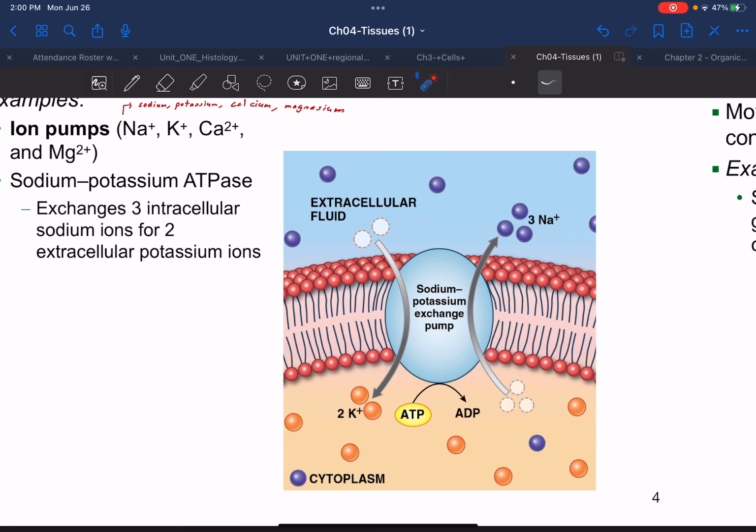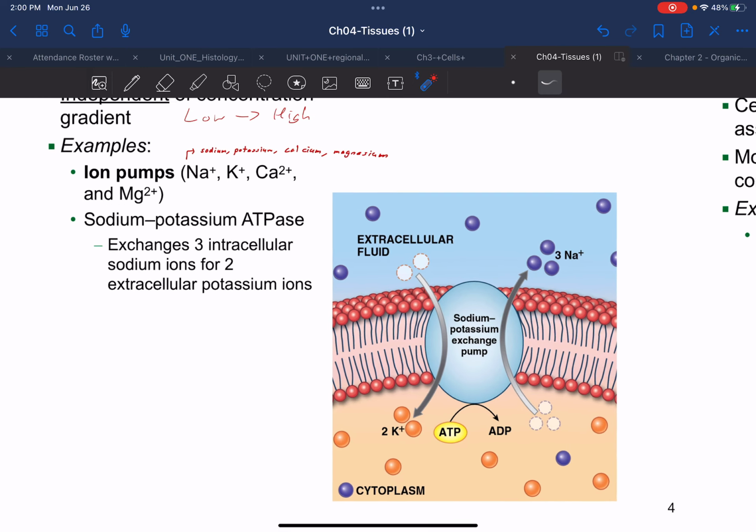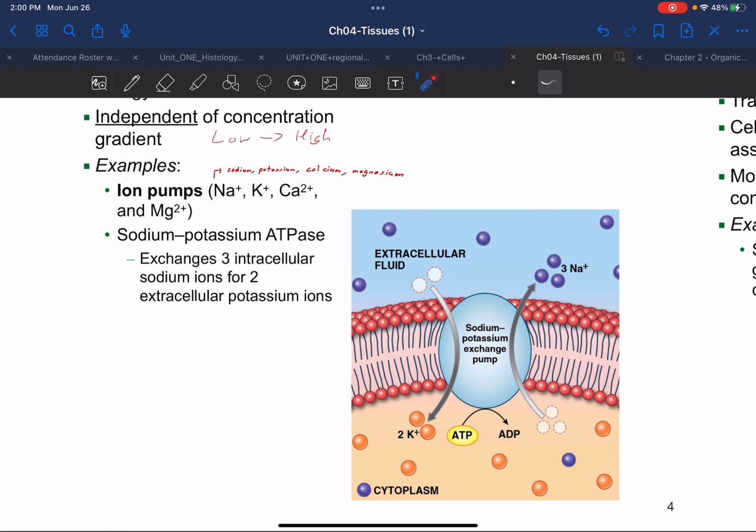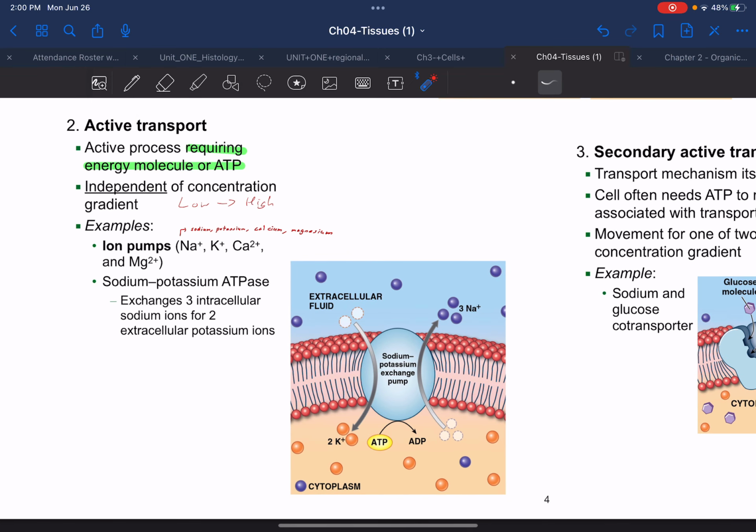When you look at this segment, you'll see that sodium starts off here, potassium starts up here, and then 3 will go out and 2 will go in. But it requires an input of energy, and that's all. This is an example that's going to come back to haunt us in nervous. So sodium goes out, potassium goes in, and this is how the cell can do a lot of very useful functions.